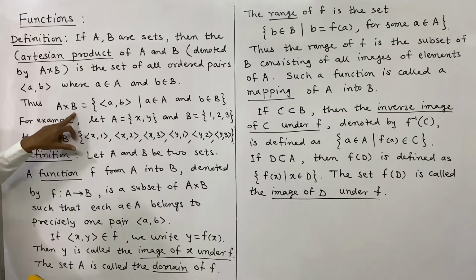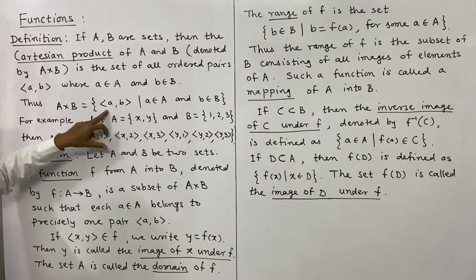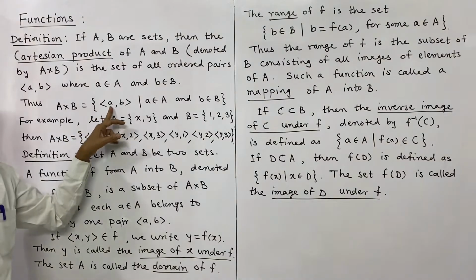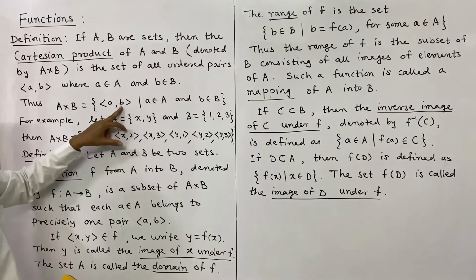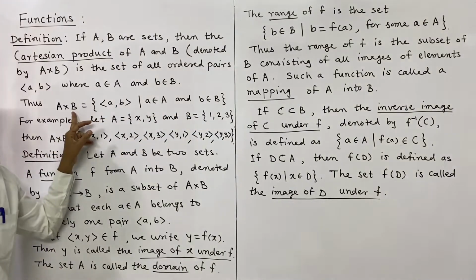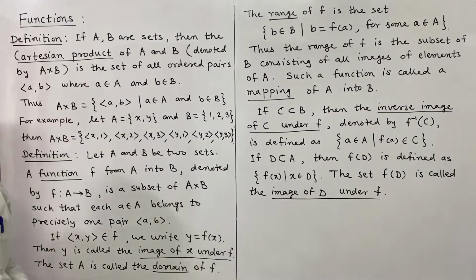A cross B is the set of all ordered pairs (a, b), where the first element belongs to the first set, capital A, and the second element belongs to the second set, that is capital B. So this is the meaning of the Cartesian product of two sets.